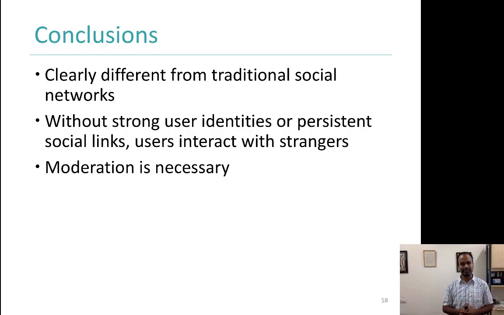Without strong user identities or persistent social ties, users interact with strangers, which is also derived from the conclusion that users were interacting with random people on the network. There was no persistent relationship between the users. Moderation is, of course, necessary because content is getting deleted at a high rate.